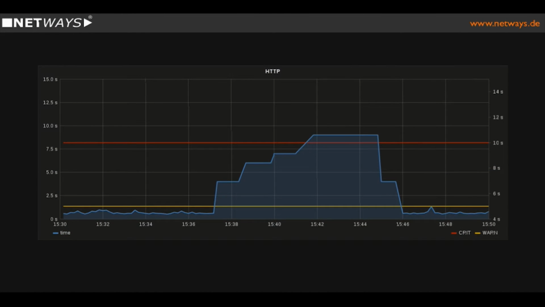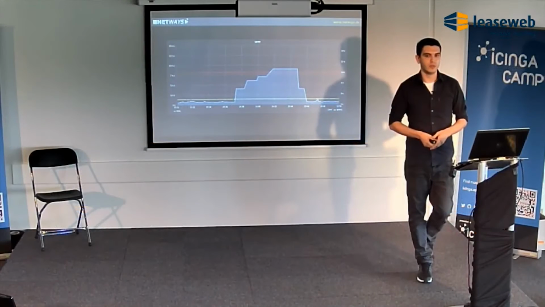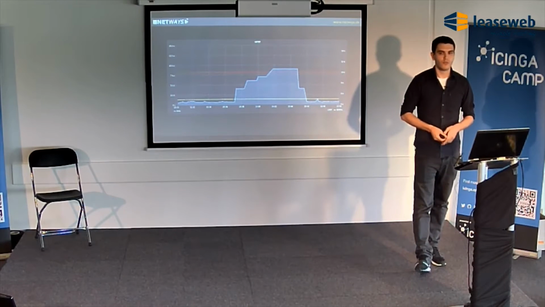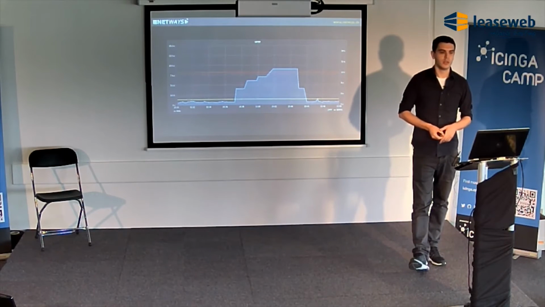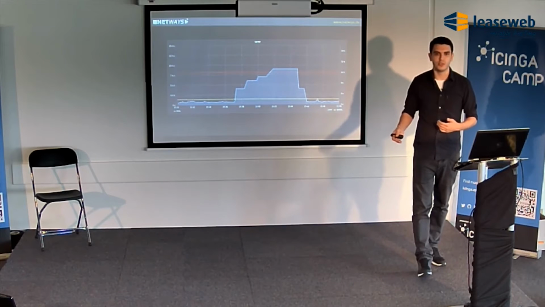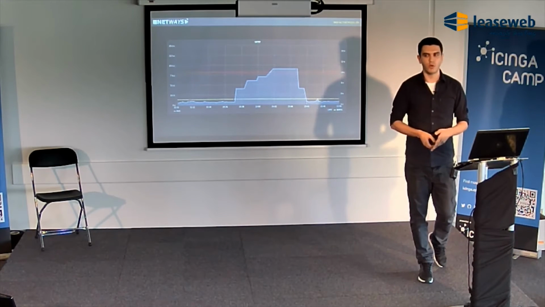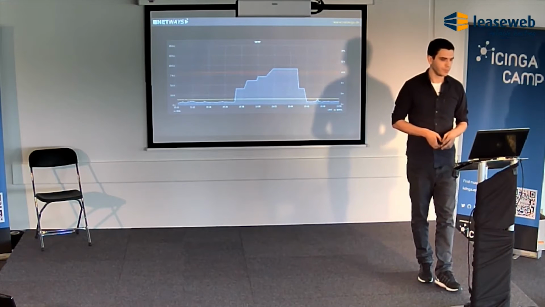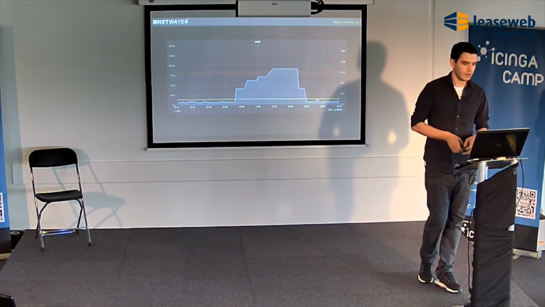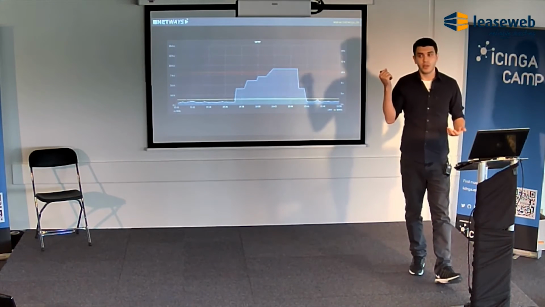Grafana is able to add thresholds itself, but these thresholds added on the Grafana side are hard configured. So you have to put those thresholds in your graph by yourself. In this example, using Icinga 2, you will get the thresholds from your Icinga 2 configuration. And if you change your thresholds in your Icinga 2 config, they will change also in your graph here. So no manual work for you.